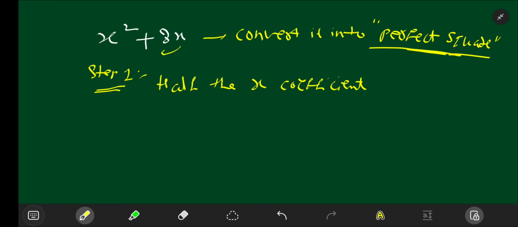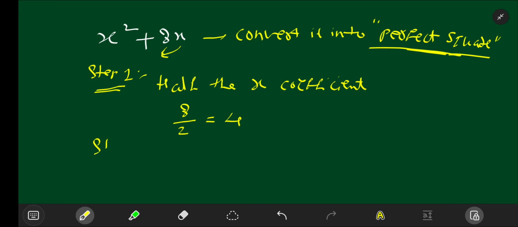Here the coefficient of x is 8, half it in the sense divided by 2, so that is 4. This is the first step. We have to half the x coefficient, not x square, the x coefficient. We are done with step 1.